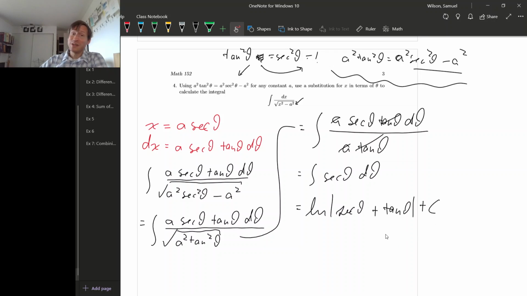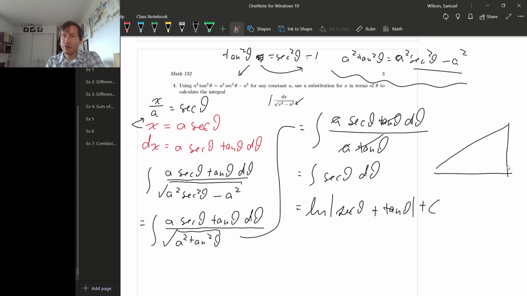But as usual, we need to get back to our original variable, the x's. So to do that, we can use this same right triangle trick. So let's isolate the trig function here. So we get x over a equals secant theta. Now we'll draw a right triangle that has theta for one of its angles.